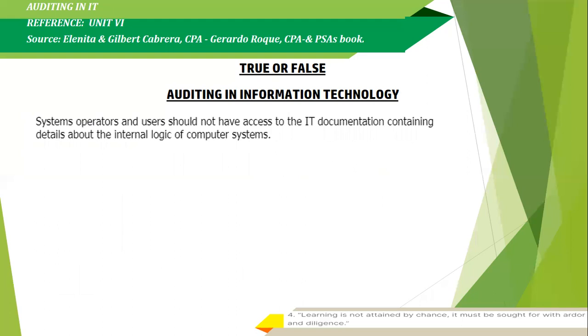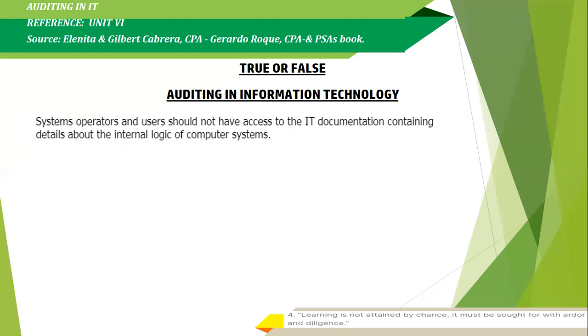Right. System operators and users should not have access to the IT documentation containing details about the internal logic of computer systems. Do we need to separate that? Do we need segregation of duties? Yes, segregation of duties provides the control mechanism for maintaining an independent processing environment.